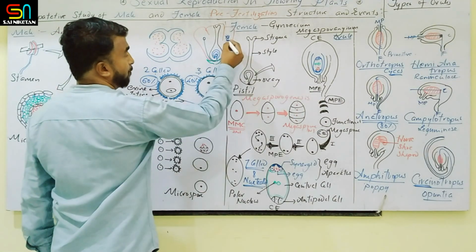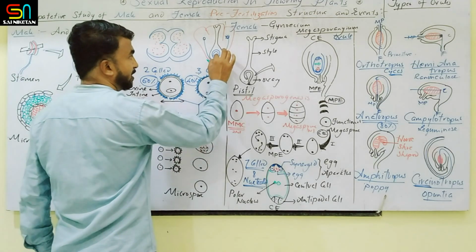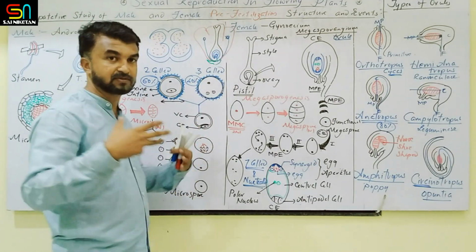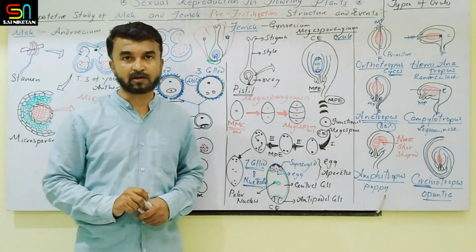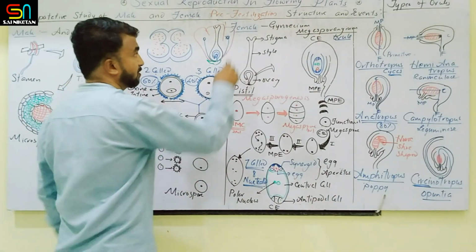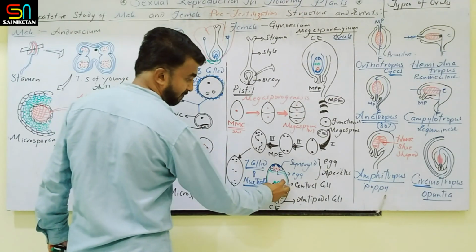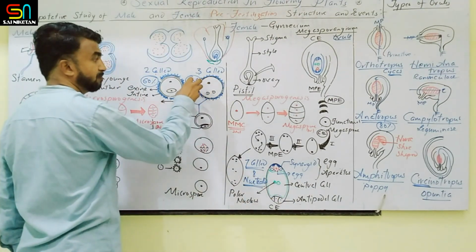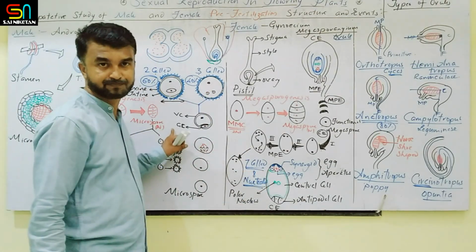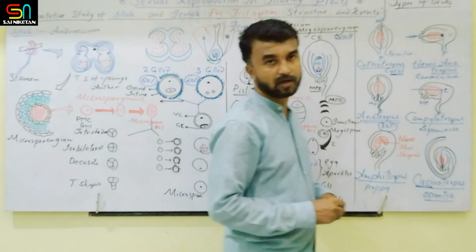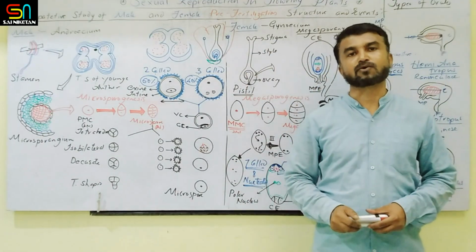So pollination means we have to bring the male gamete and female gamete physically close to each other, which will facilitate fertilization. Clear? So try to position where the male gamete is present, where the female gamete is present. This is the female gametophyte, this is the male gametophyte, this is the female gamete, and this is the male gamete. Clear? So try to visualize, try to understand how nature exists surrounding us.